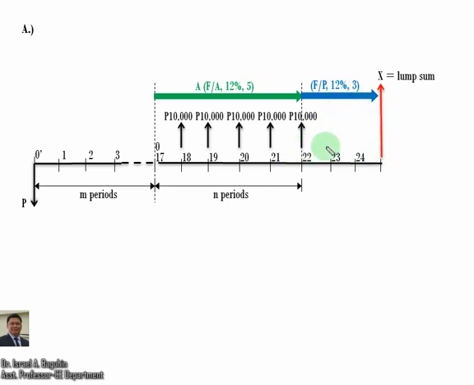So if you are going to count the n years, it is 1, 2, 3. So our period here is just 3 years, and our interest rate is still 12%, and our designation here is F given P. Since we are going to calculate the value of our F, which is then equal to this X, the lump sum amount, our value of P here is just equal to the calculated F from the n periods.